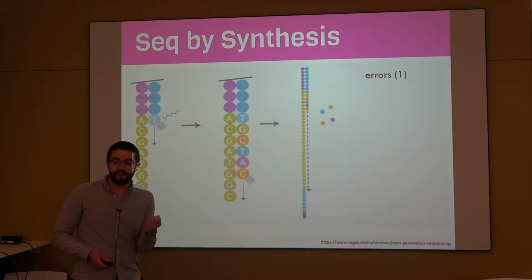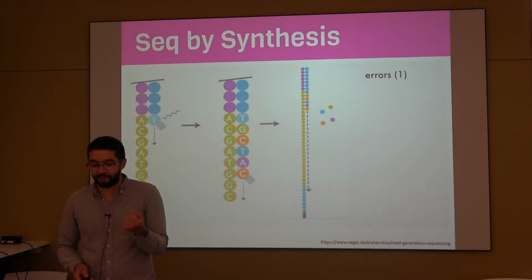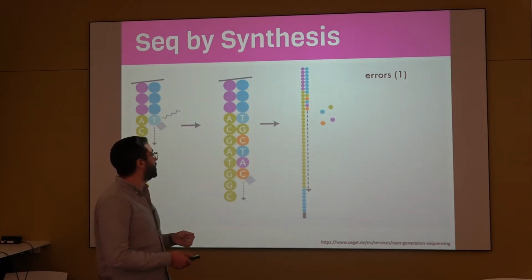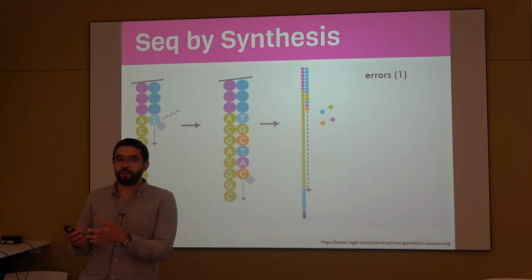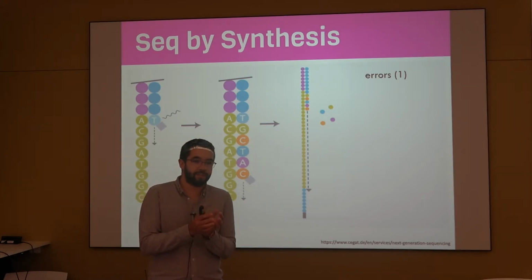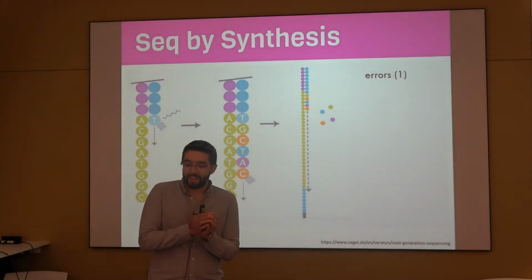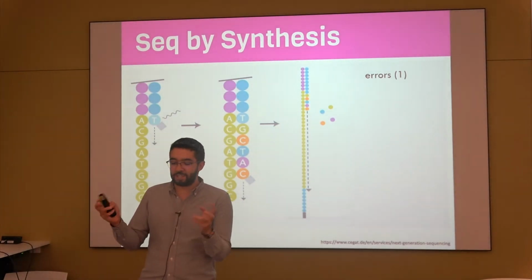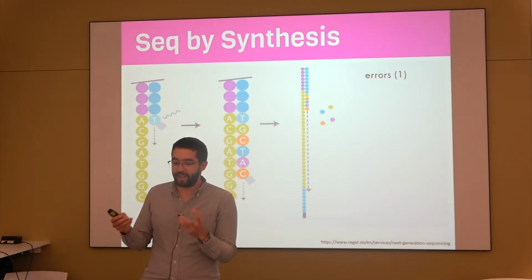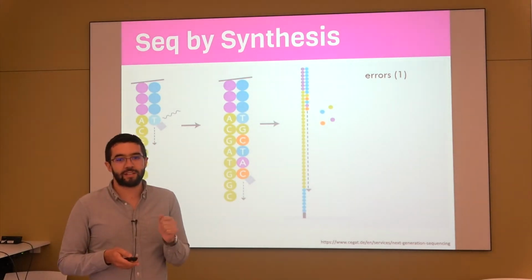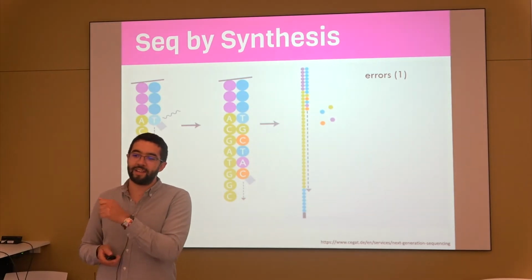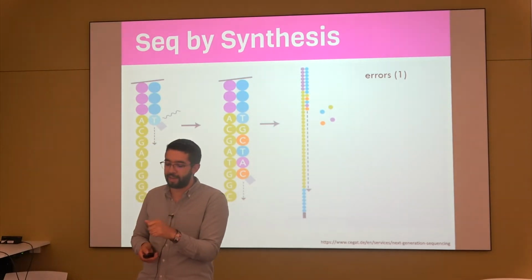And so here's where the first errors of the process come into play. Because the polymerase was taken from the natural environment of the cell, it's a living machine and it makes errors. Those mistakes are simply that it sees some nucleotide and adds a different one than the one it should be adding.